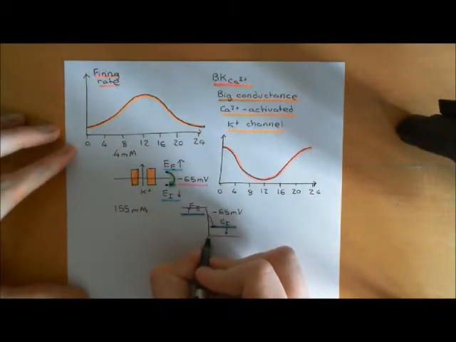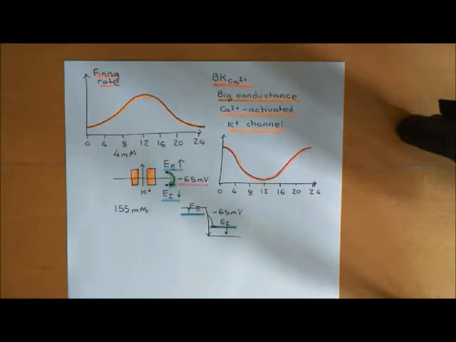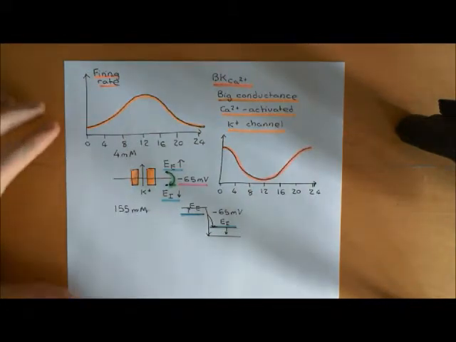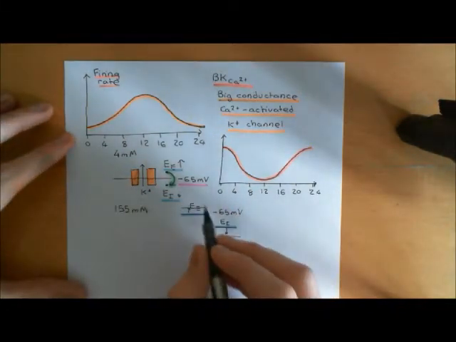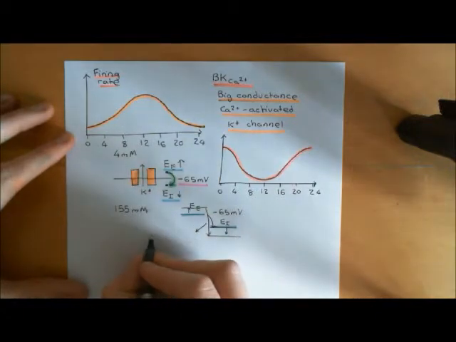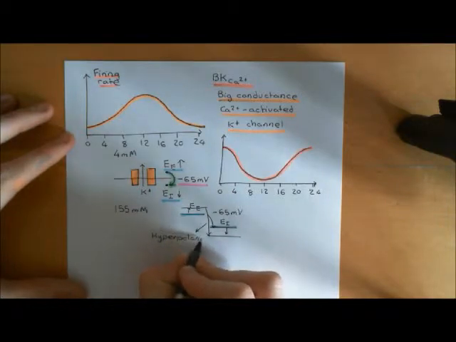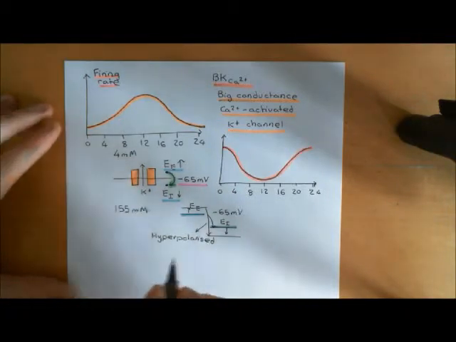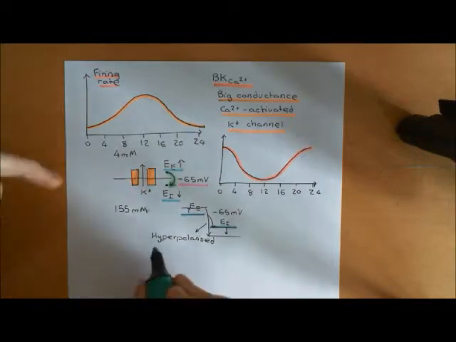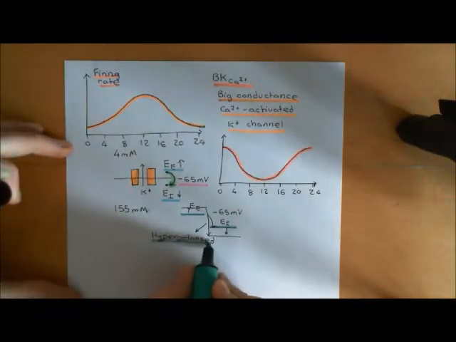What are we going to do now to the drop down? We are going to make the drop bigger, basically. This number, the electrical potential difference across the cell membrane, will become more negative, and therefore the cell membrane is going to become hyperpolarized. That is the exact opposite of what you need to do if you want to fire an action potential.